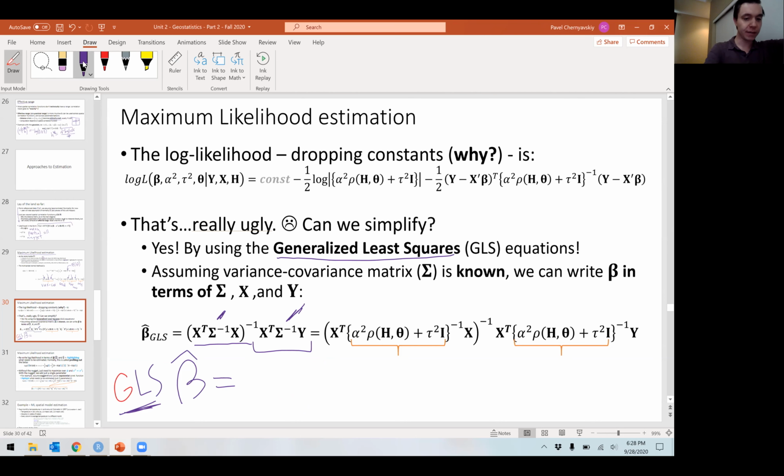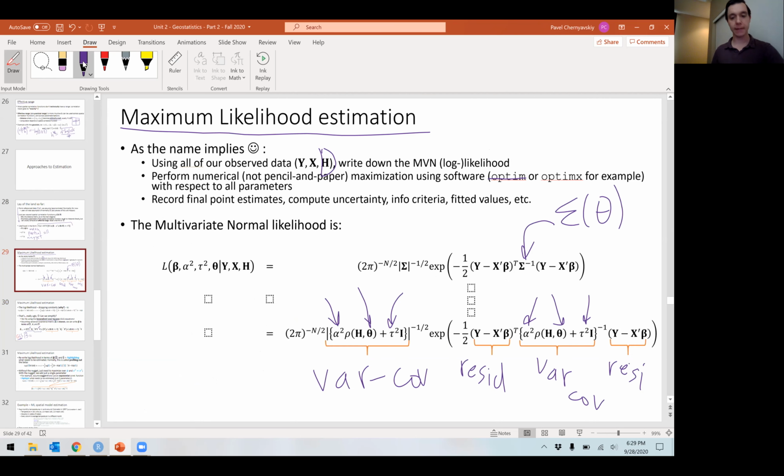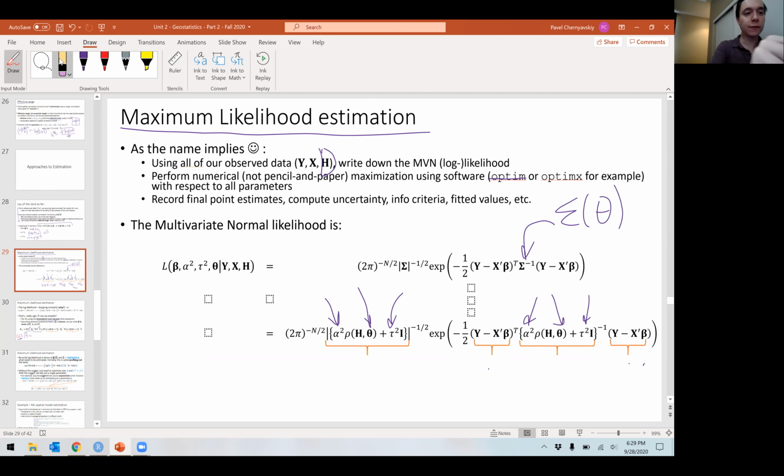So if we come back here, we have all kinds of parameters on the screen now, but once we find our sigma inverse, we just plug it in to the betas.